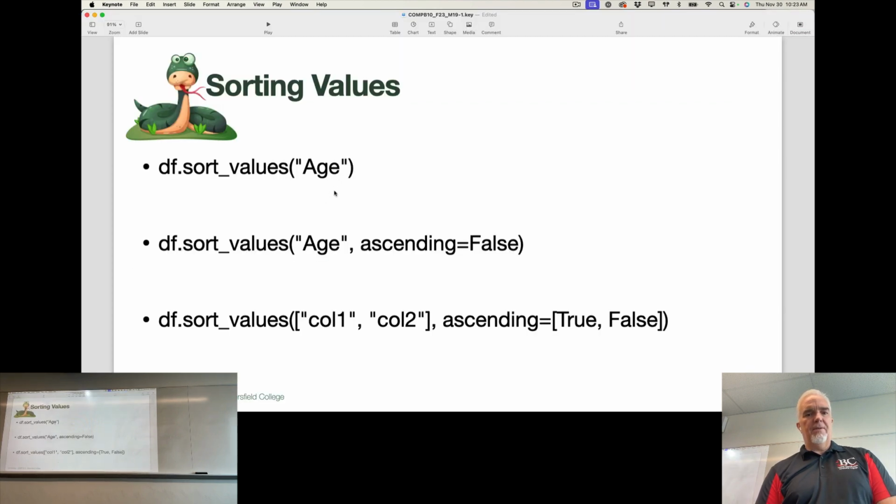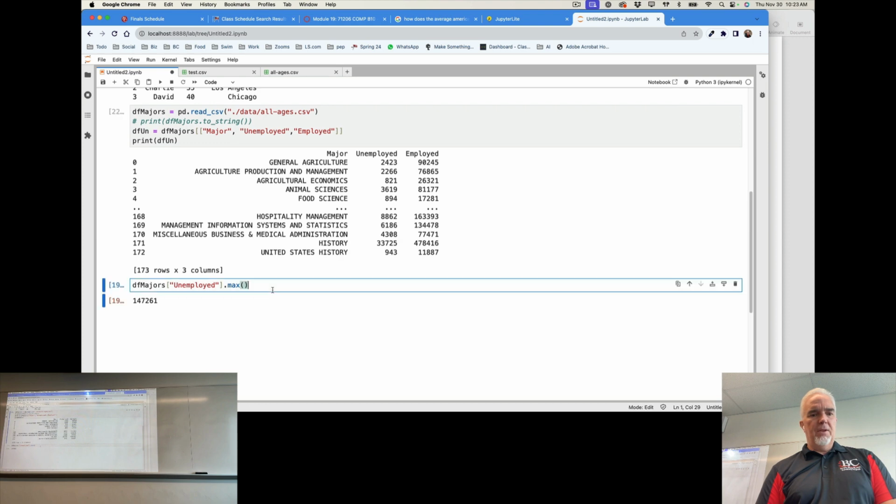So now let's sort these. I can sort that subset of data, and I can see which one is the worst unemployment major. What do you all think it is?